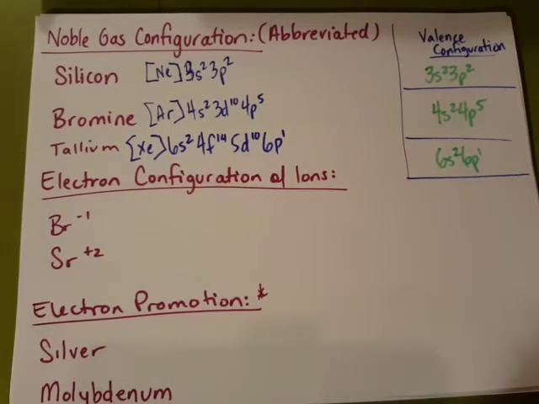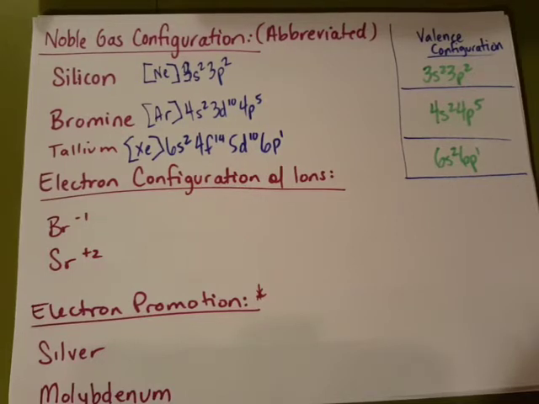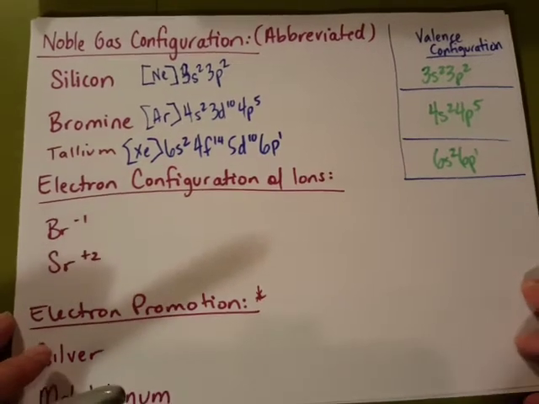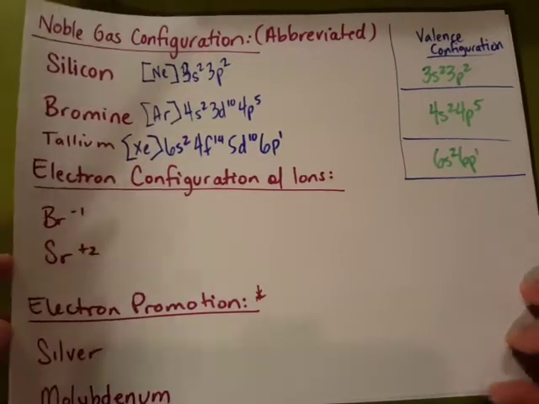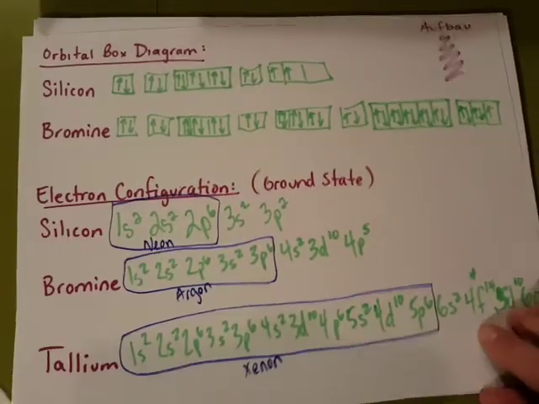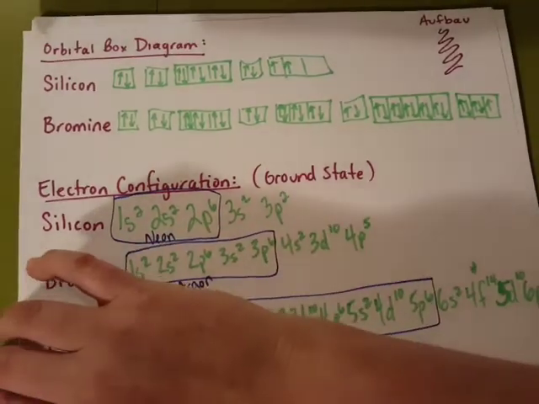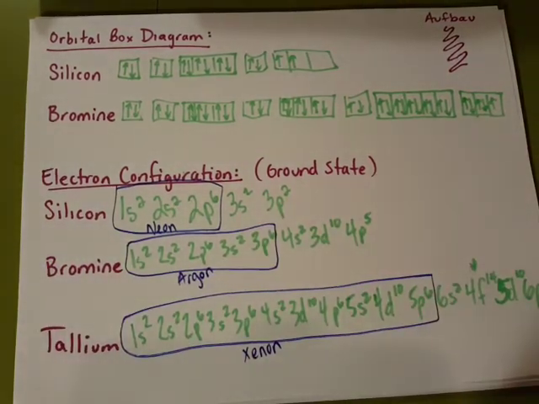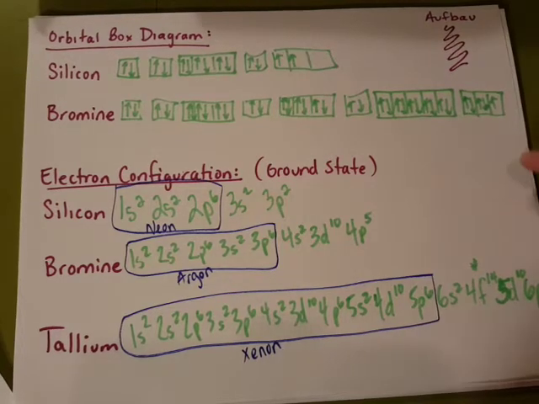We can also show electron configurations for ions. So bromine, and again, maybe it's easier for us to look at the orbital box diagram. When it forms an ion, we can either give, meaning lose, or we could gain, by getting.